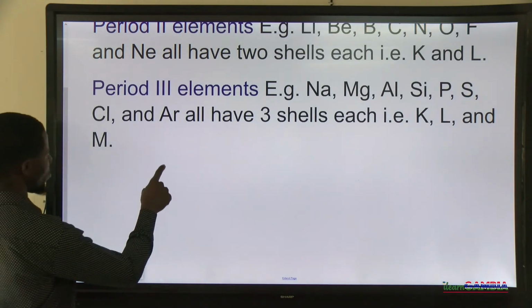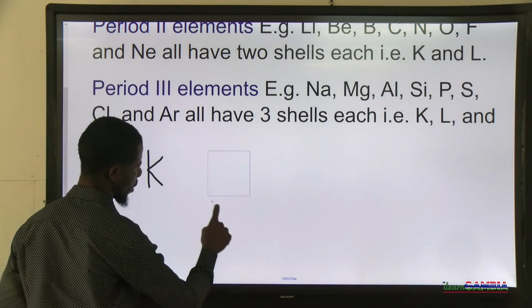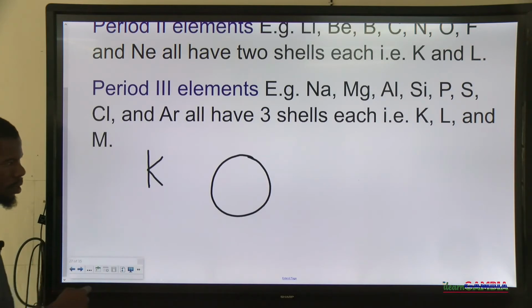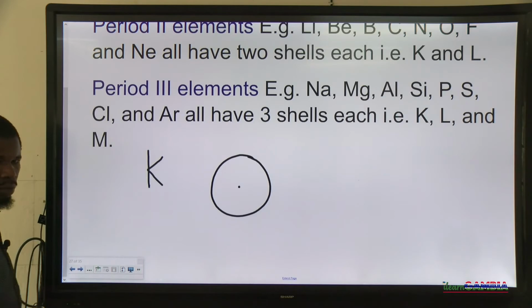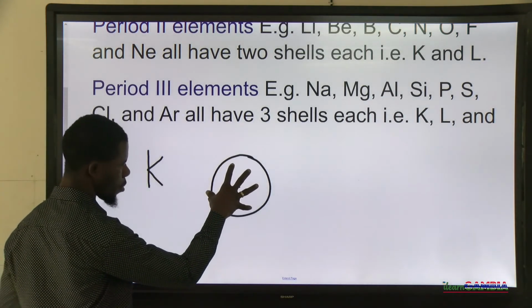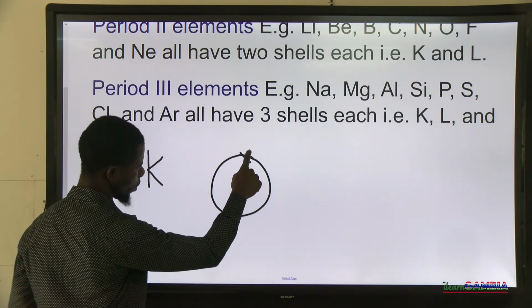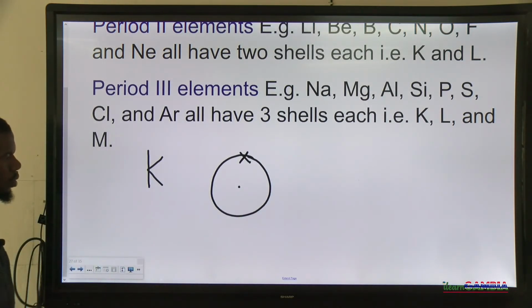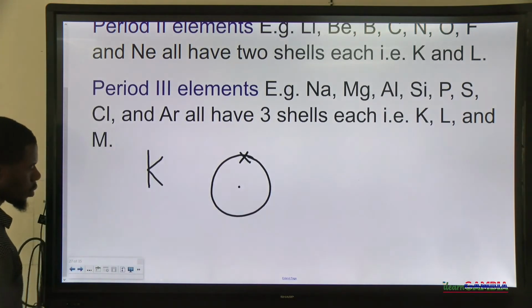When we look at the K shell, this is capital K, they have only 1 shell, so therefore they belong to period 1. So any element that has only one shell, for example hydrogen, this is how the electronic configuration will look. So it has one shell and therefore it belongs to period 1.